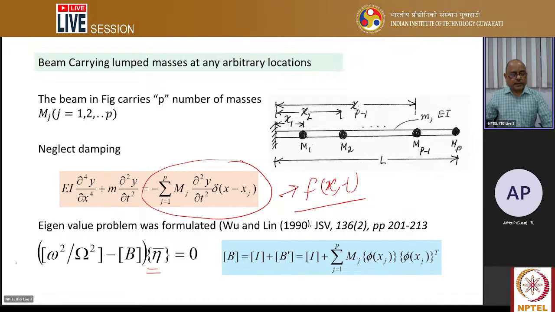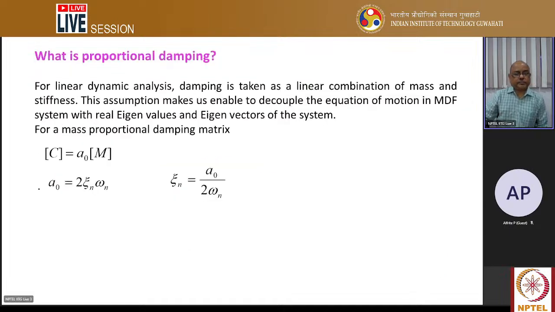For a non-trivial solution, the determinant of this matrix is equated to 0, and we get the frequencies and corresponding mode shapes. The researcher who published this paper also validated this method with a number of analytical closed form results available in textbooks. The method worked fine, at least up to 5 modes, giving results almost close to the exact result.